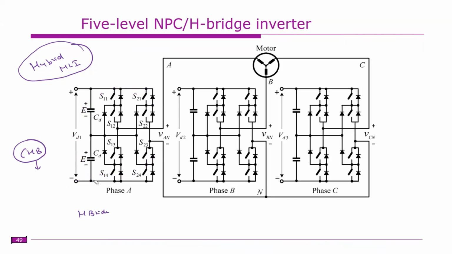How many levels will it produce? You have E voltage, and since this is single phase, it will produce E, 0 and minus E. What voltage will it produce between A and N?